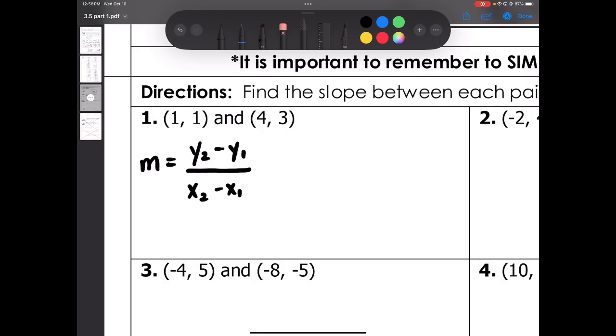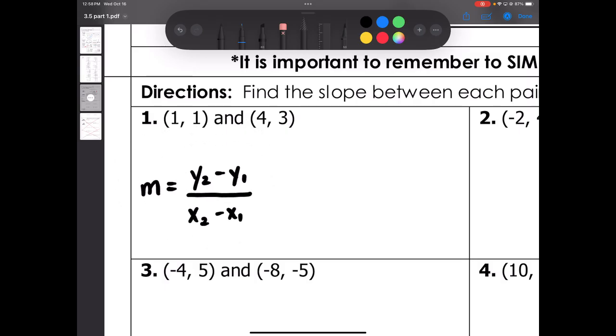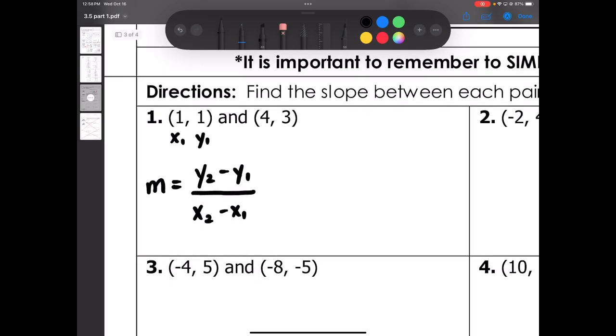What you do next is I want you guys to label the points if you haven't done it in the past. So you see this 1, 1 right here? That's the first one that is given to you, right? And the ordered pairs are x and y, right? So the first x, y you got is x1, y1.